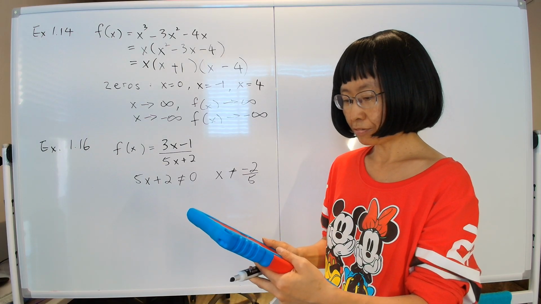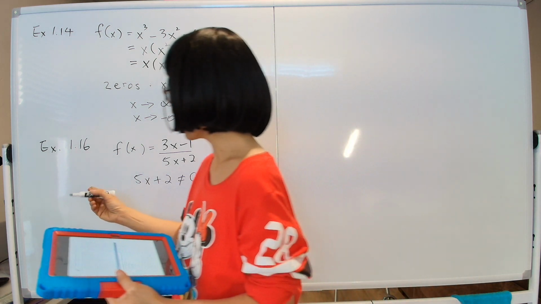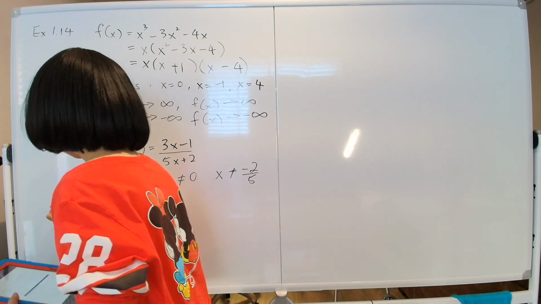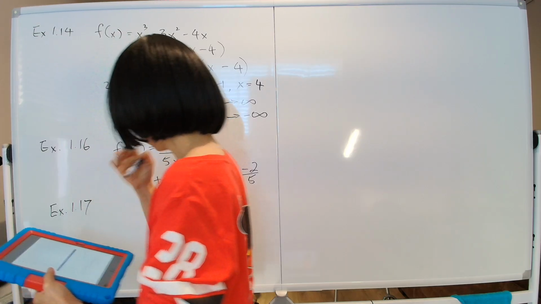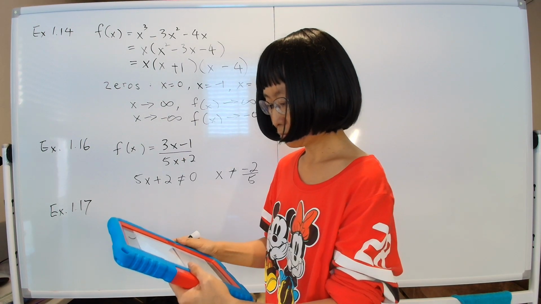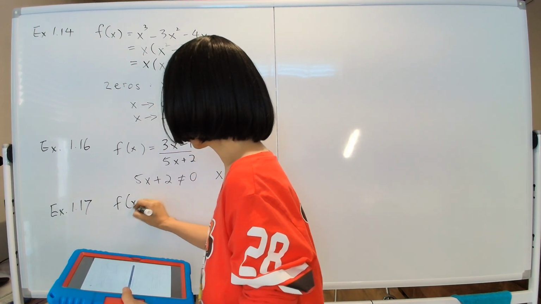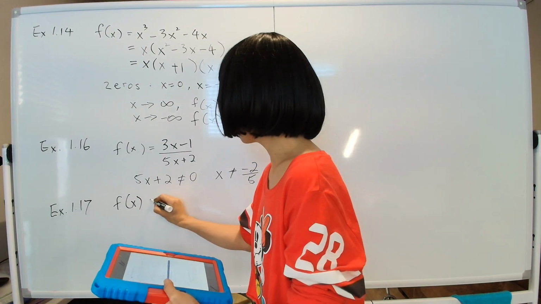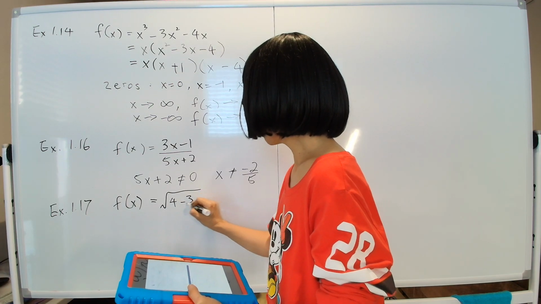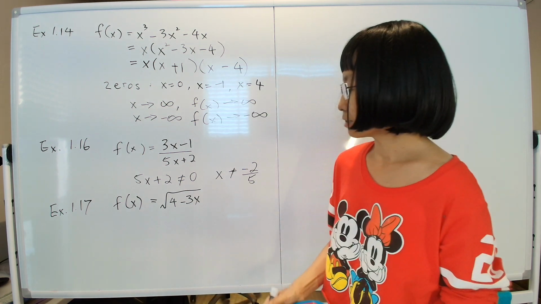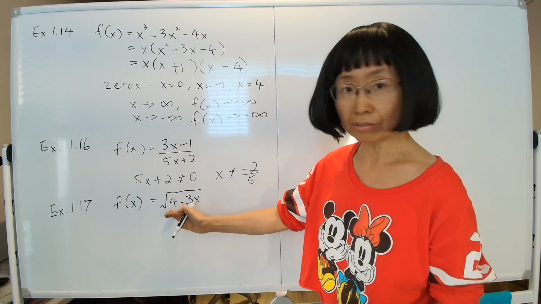The next example is to find the domains of more functions. Let's look at part of example 1.17. For example, you can look at the function f of x equals the square root of 4 minus 3x. That's a root function, a square root to be exact.